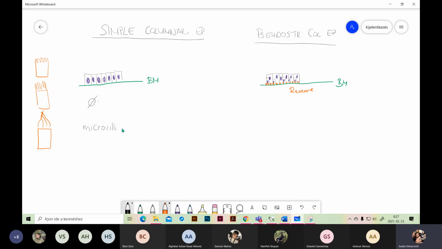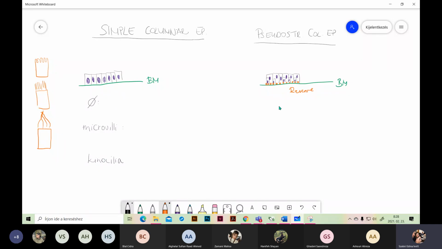We saw this slide previously. And we can have a simple columnar epithelia with kinocilia. Okay. And there is no other option in case of simple columnar.